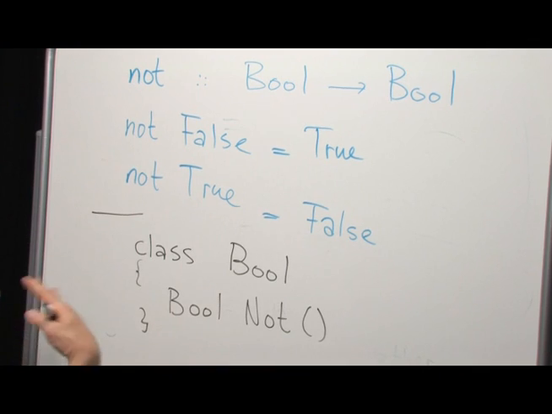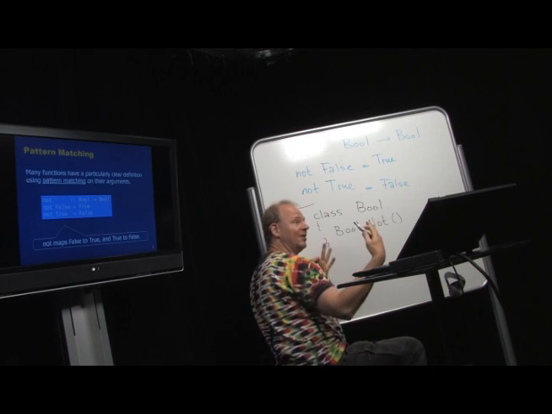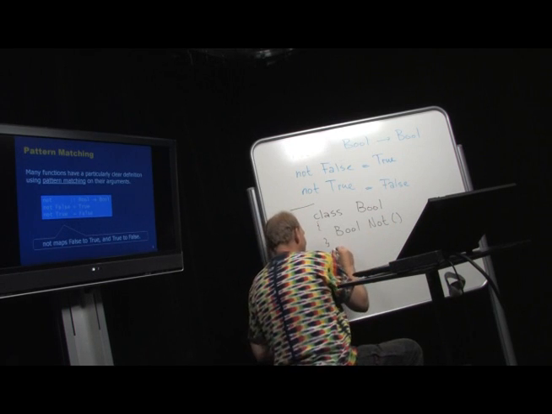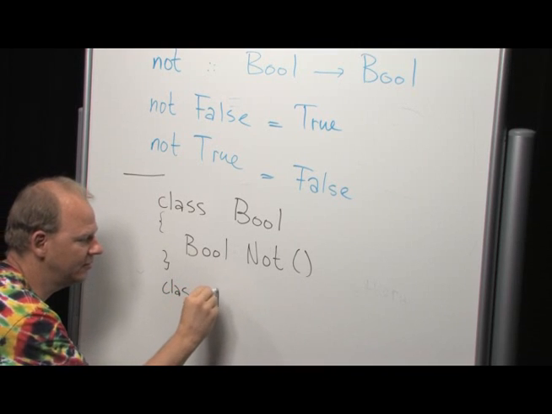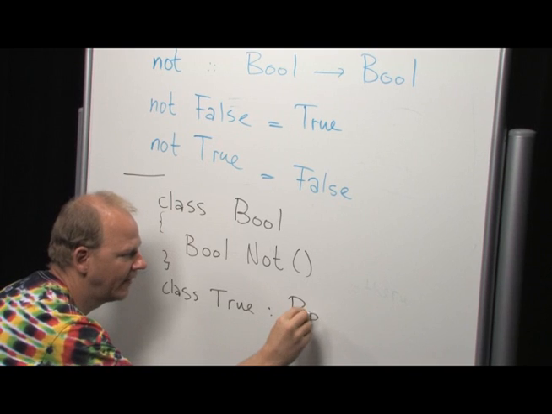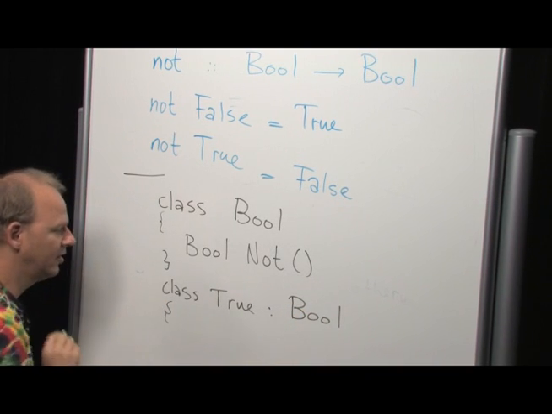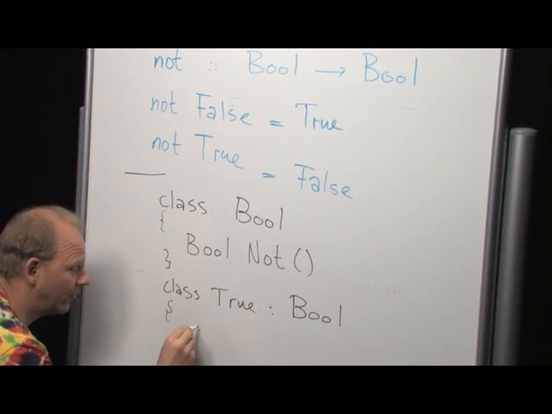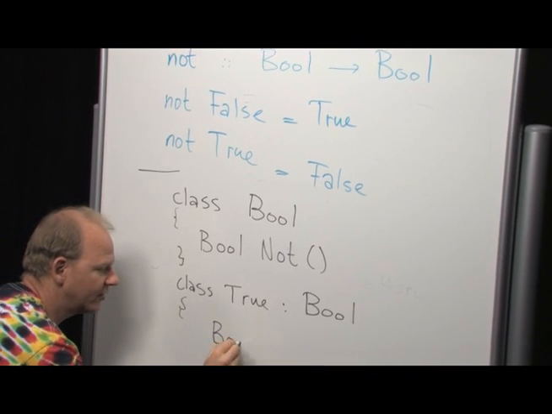So now we define class True, which inherits from Bool. And now we have to override Not.